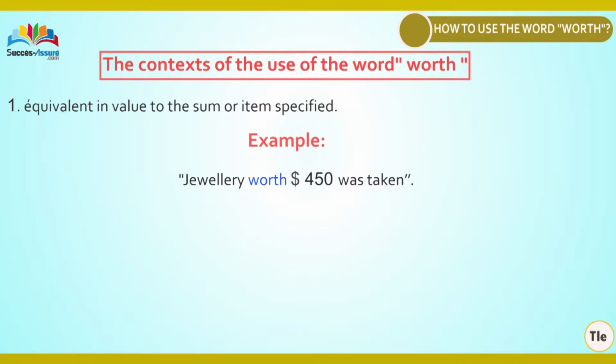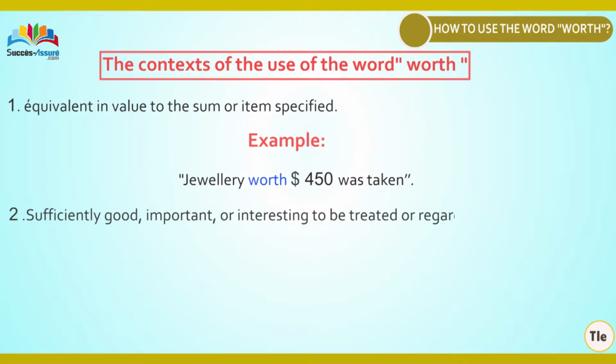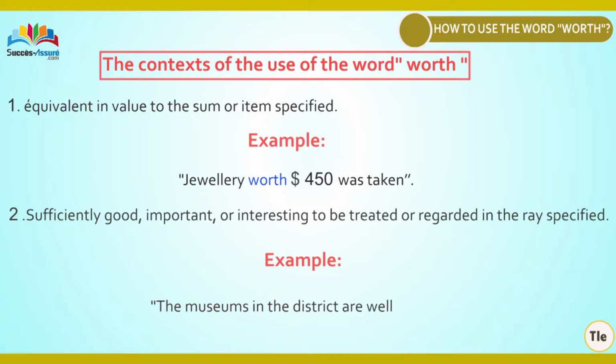On the second point, the word worth is used for sufficiently good, important, or interesting to be treated or regarded in the way specified. Example, the museums in the district are well worth a visit.